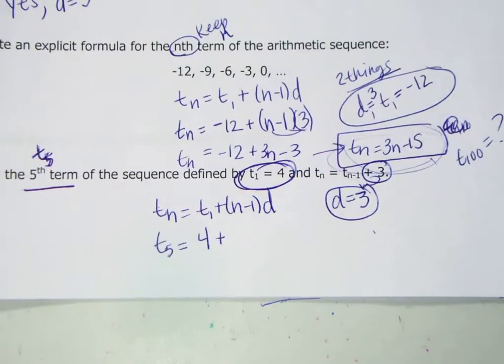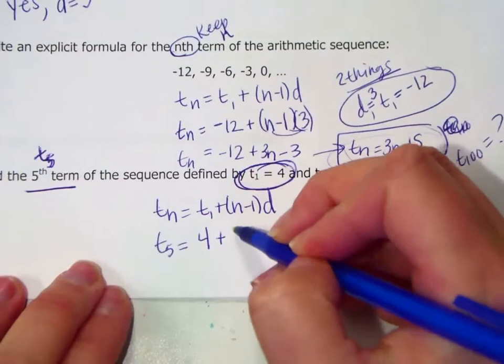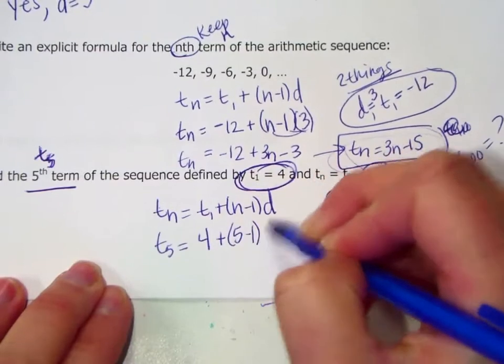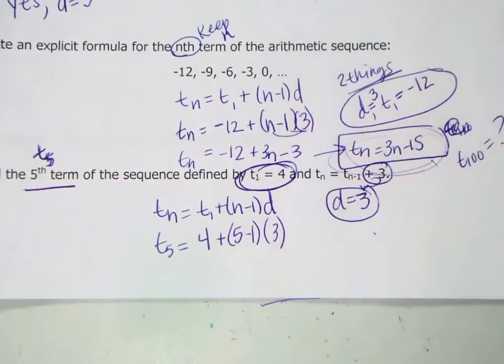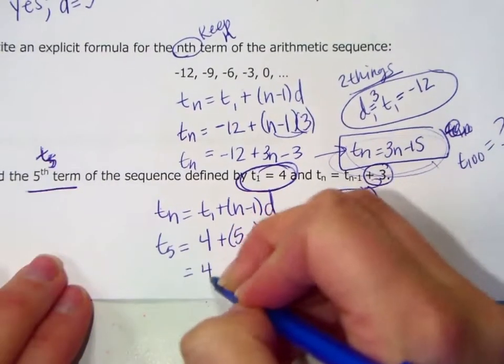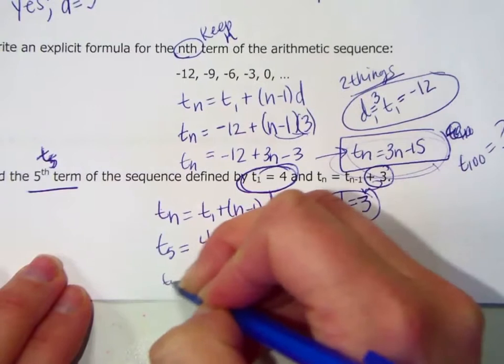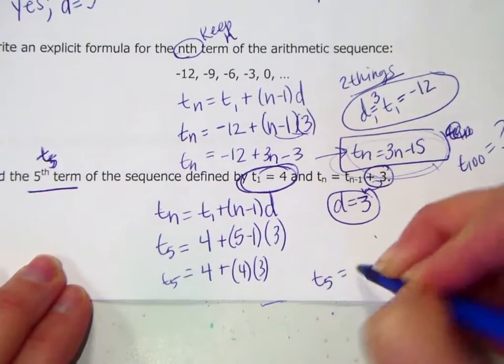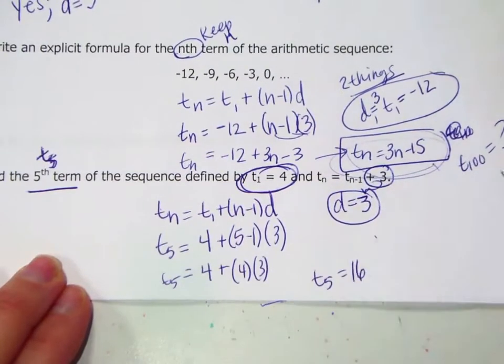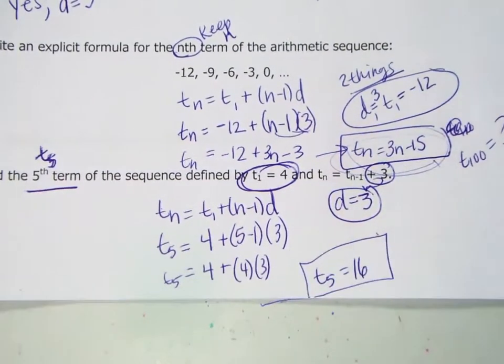What's the value of n? Very good. Minus 1, our common difference is 3. And then just simplify. So 4 plus 4 times 3. The fifth term is 16.